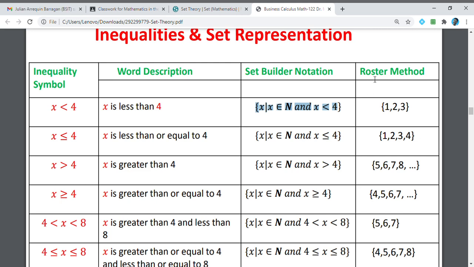Okay, roster method is simply listing down the elements of this description. Natural numbers less than 4 are 1, 2, and 3. So we have the elements 1, 2, and 3. Remember, as I mentioned earlier, word description, set builder notation, and roster method are simply the same. Okay?